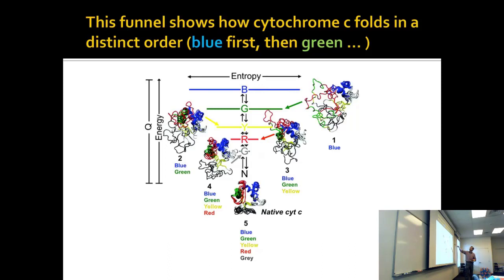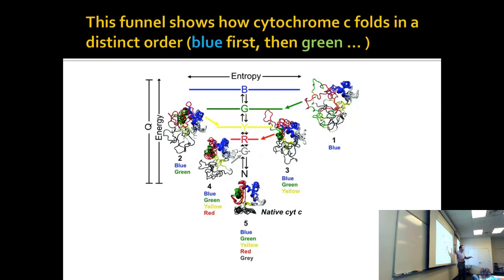And so each step, the entropy goes down, but your energy is getting better. That means you're forming lots of good, stable interactions, and you're forming structure that compensates for the loss of entropy in the form of energy, right? That's what it means when it says that the funnel's getting narrower.